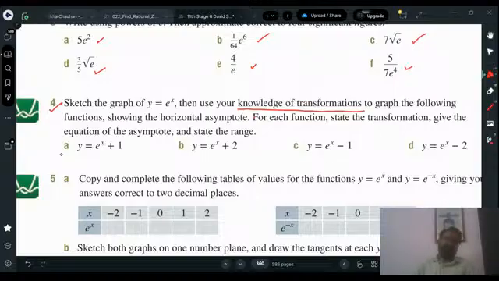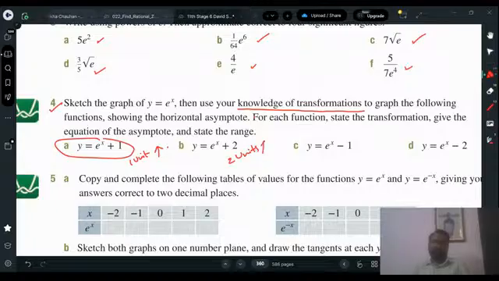What does it mean? e power x moves up 1 unit. Second one, 2 units up. Third one, down 1 unit. Fourth one, down 2 units.